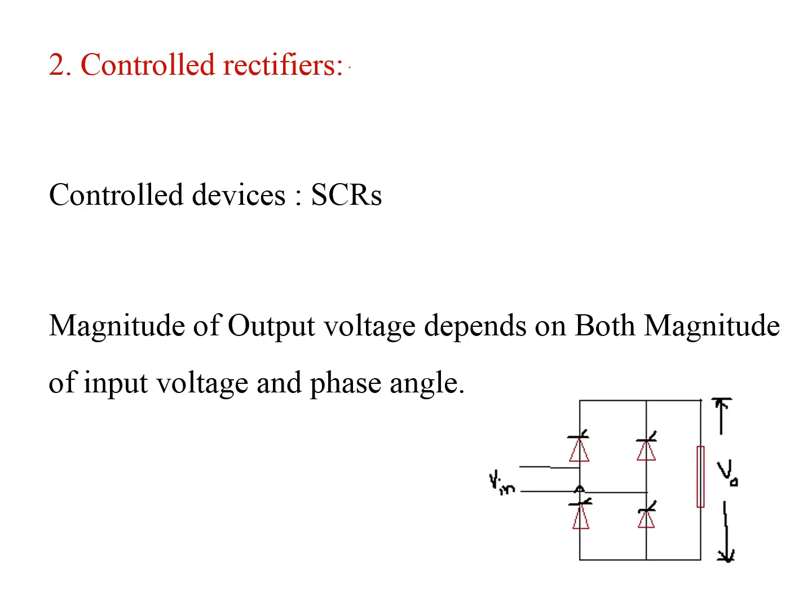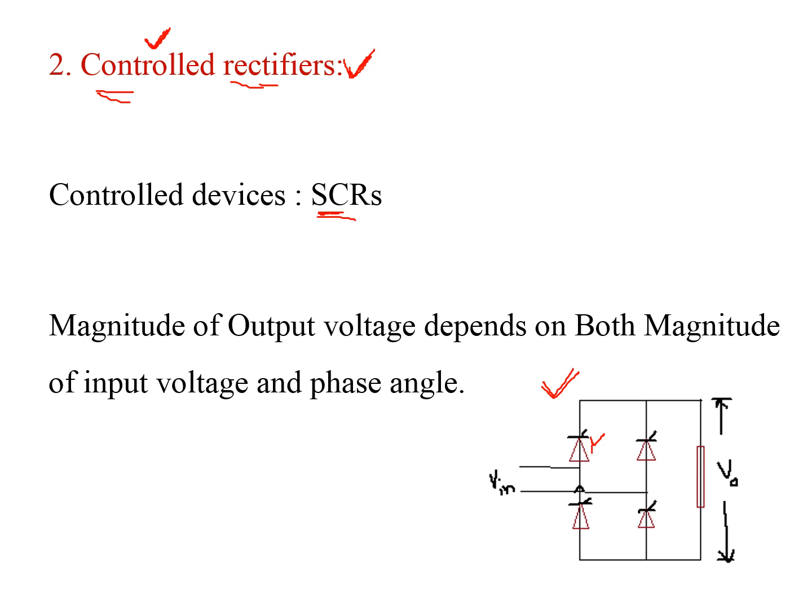Coming to the concept of controlled rectifiers. The rectifiers which consist of control devices are known as controlled rectifiers. The examples of control devices are SCRs or thyristors. This is the configuration of a controlled rectifier consisting of 4 thyristors.